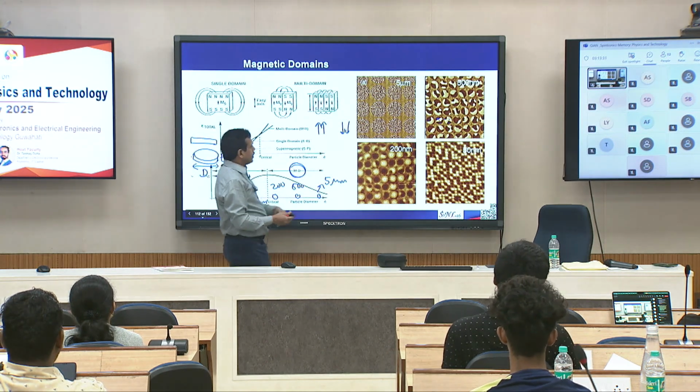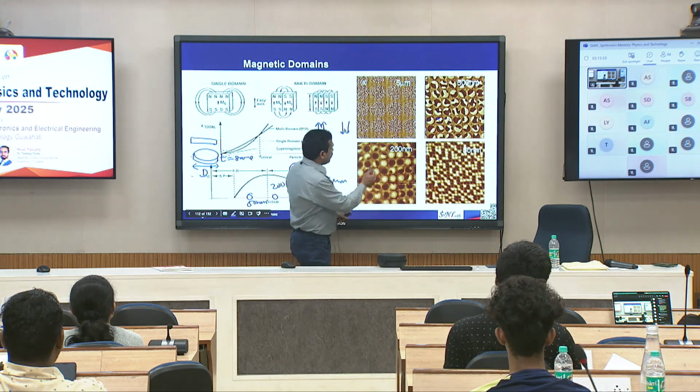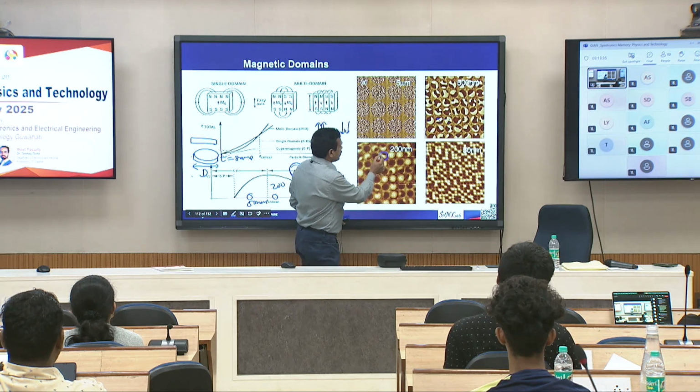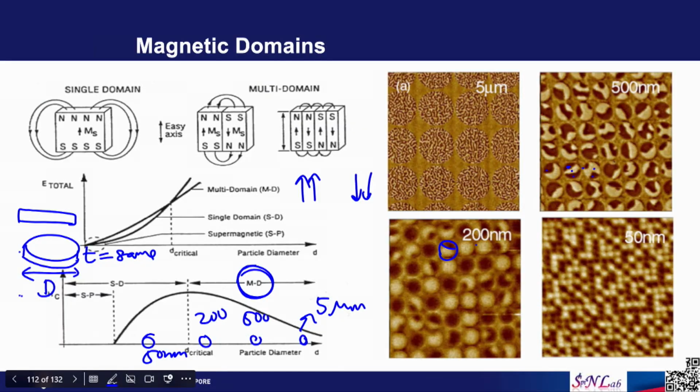When you go to 200, some disks have two domains, right. One brown, one beige, here again one brown, one beige. So, this is somewhere here. Some of these particles form domains, some do not form domains.